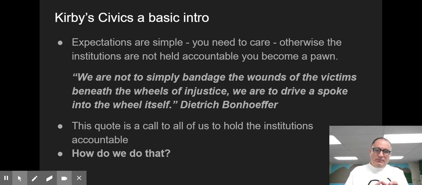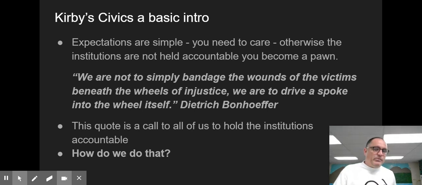our communities. There's a quote here that I have posted that I really like, that I think is a great quote for the class. We are not to simply bandage the wounds of the victims beneath the wheels of injustice. We are to drive a spoke in the wheel itself.